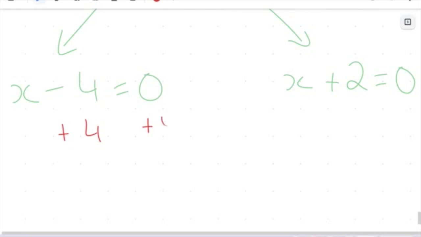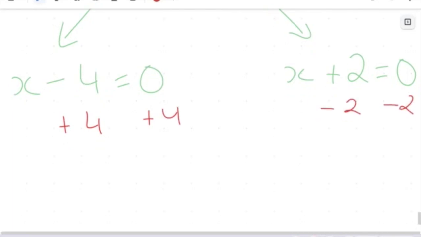And I can do this by just solving these equations. And I get x on its own here, and 0 plus 4 gives me +4 here. And x on its own here, 0 minus 2 gives me -2. So these are the solutions to my quadratic equation.